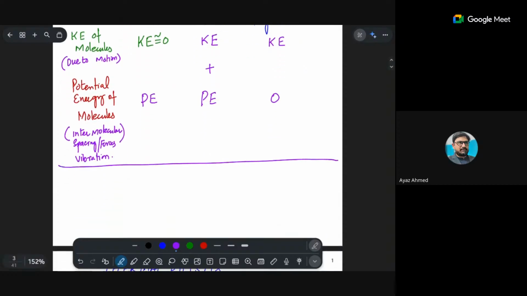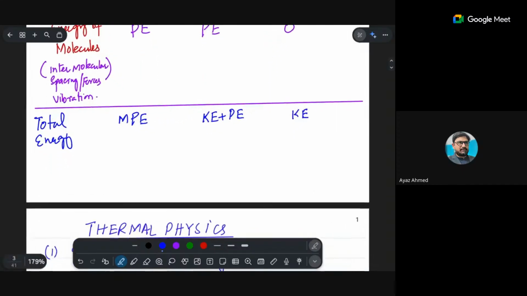So the total energy in solids is the molecular potential energy. In liquids they have molecular kinetic energy plus molecular potential energy, and in gases only kinetic energy. These three states must be very clear to you.